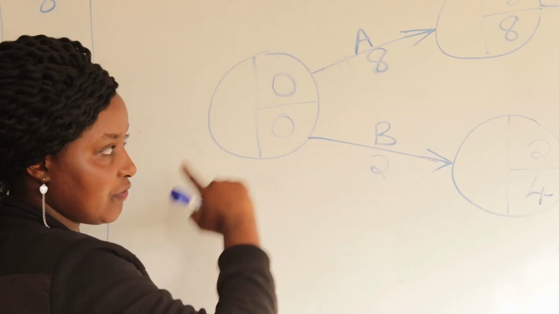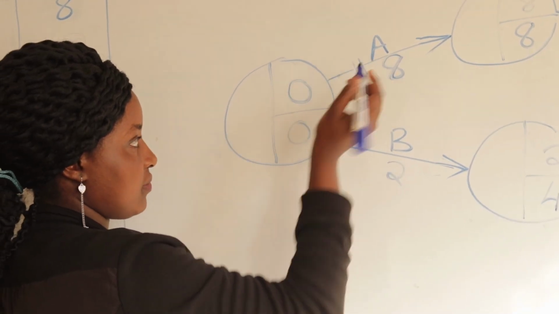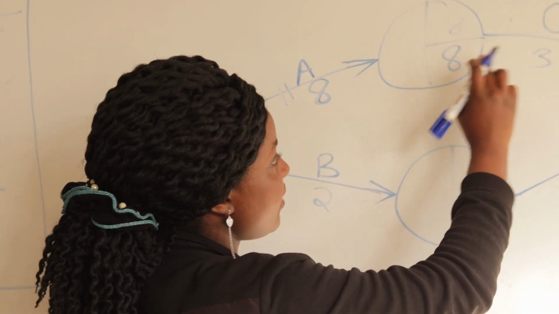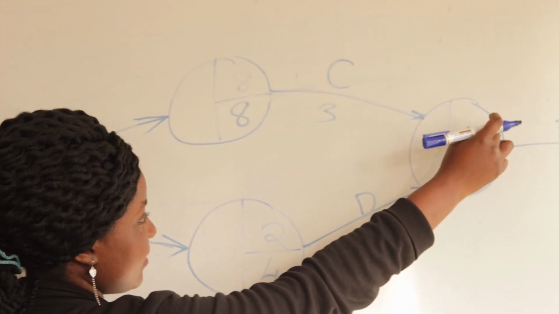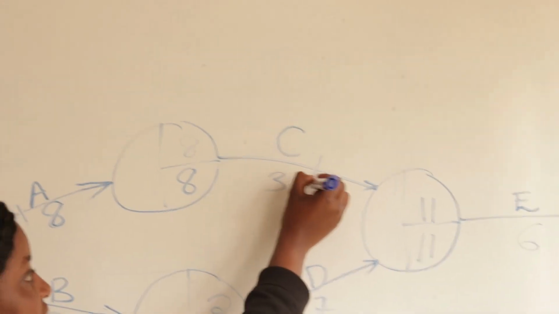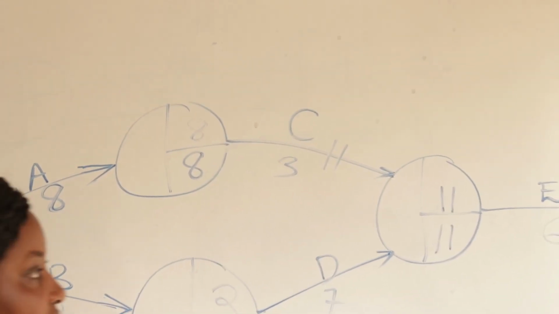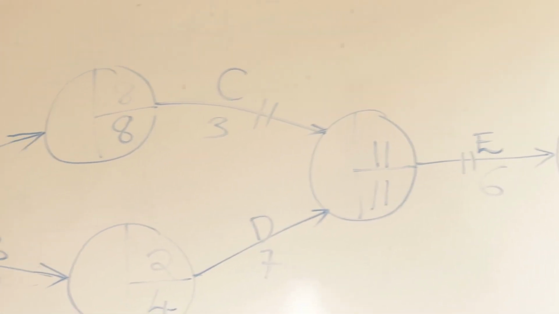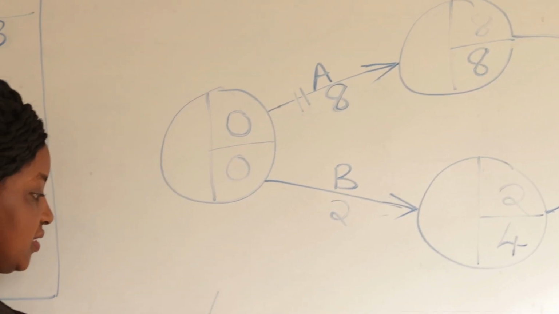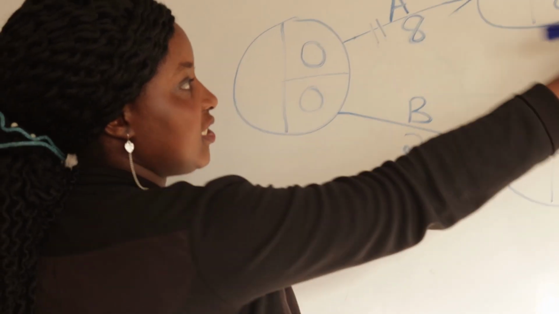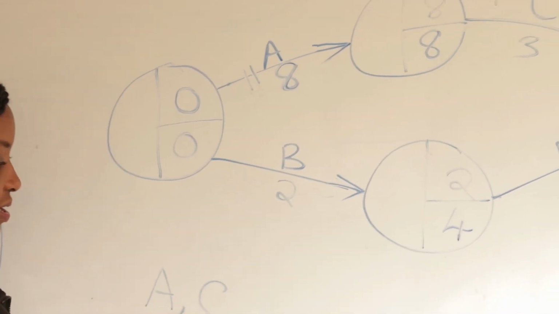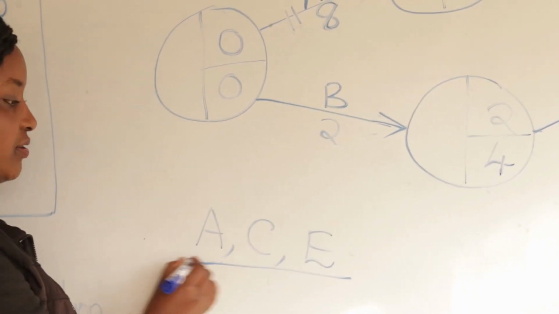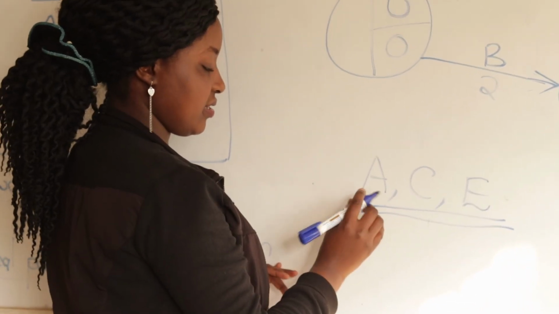In identifying the critical path, you put a double arrow stroke. Then from here, the next one is 11, 11. So this is also part of our critical path. And then the last one is that one. So that means our critical path will be activity A, activity C, and lastly, activity E. Why do we say this is the critical path?